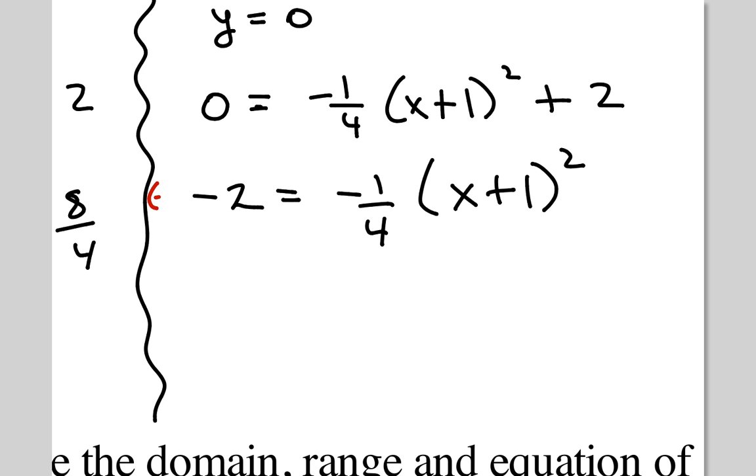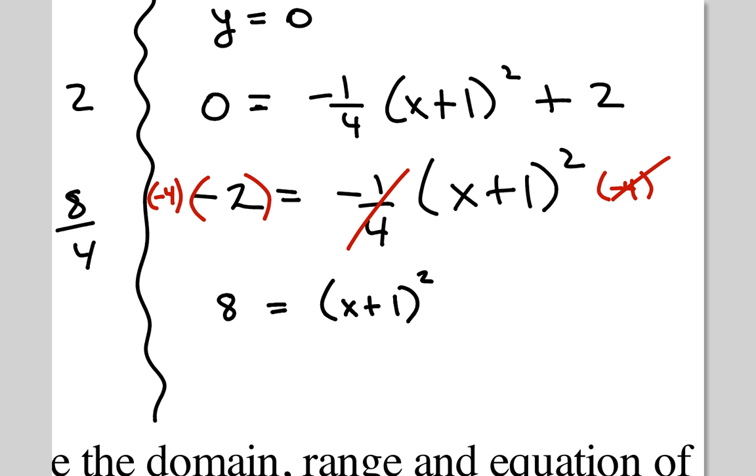So times -4 on both sides, and okay, 8. Square root it. Good. Now, if this was the middle to end of September and we were doing the radicals unit, how would you deal with root 8?